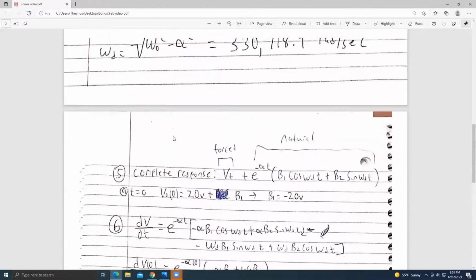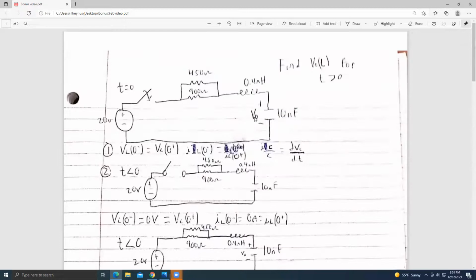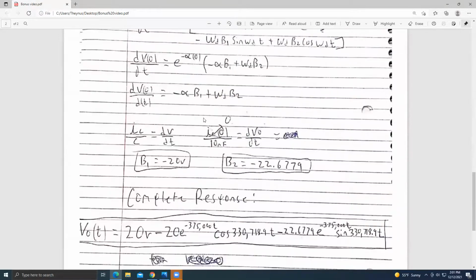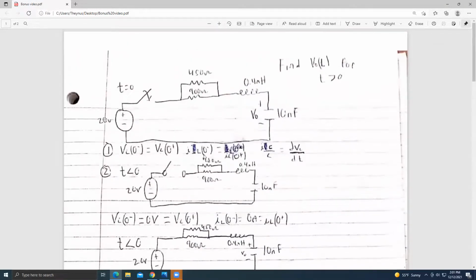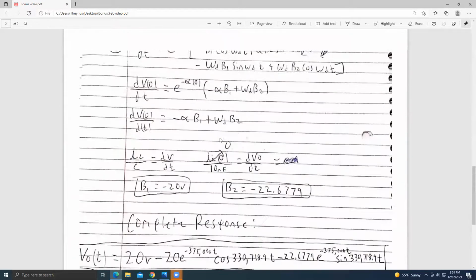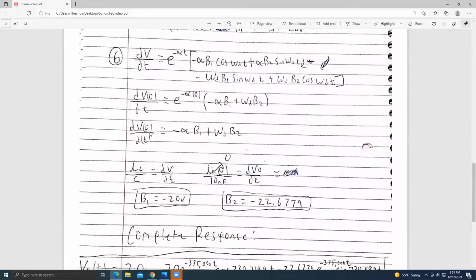Well, if we scroll back up here, v naught is just going to be our voltage over the capacitor. So looking back here at step 1, I had you write down the relationship IC over C is equal to dvc dt. If we take that relationship and apply it down at this point, we can say IC over C is equal to dvc dt.